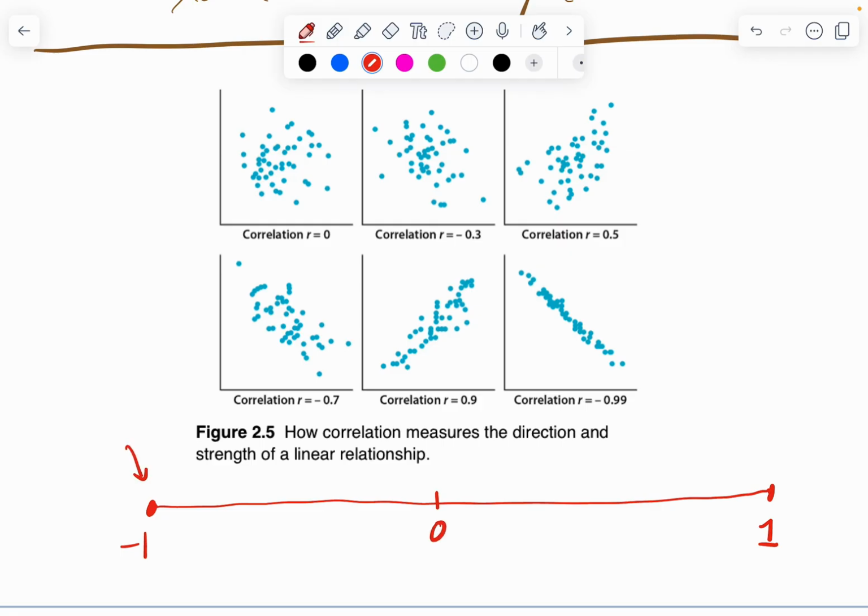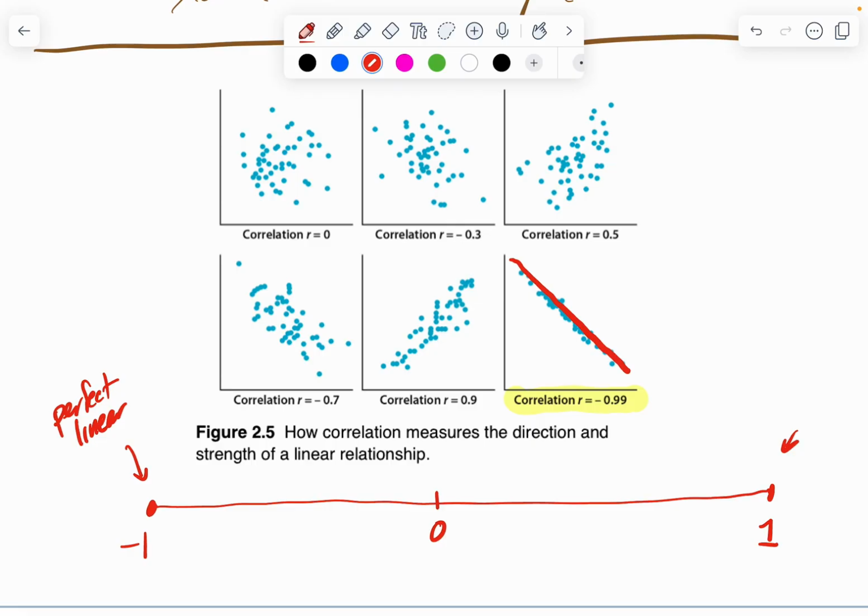If correlation is exactly -1 or exactly +1, the dots are perfectly linear. They either have a negative slope or a positive slope. The scatter plot on the bottom right has a correlation coefficient of -0.99 because these dots are extremely close to all being on the same straight line.